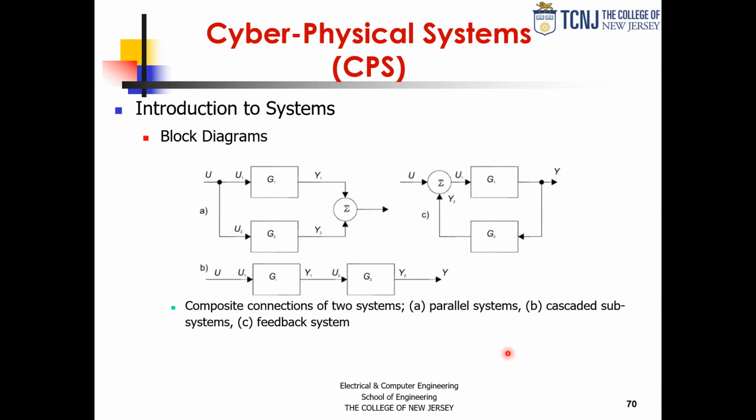They were cascaded, they were added, and they also represented feedback systems. So in this case, this is the additive combination of two systems. This is a cascaded system in which the transfer function multiplies. Here, the transfer functions add. And then here is the classic feedback system that you're also familiar with. These are the sort of origins of block diagrams.